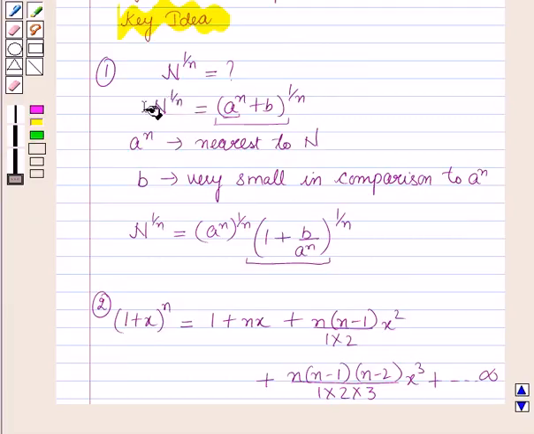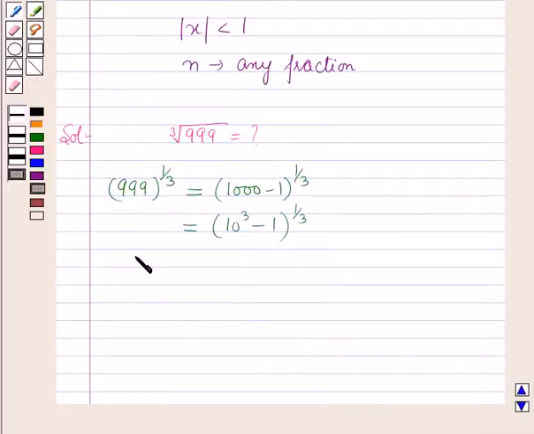Now we have written the cube root of 999 as (a^n + b)^(1/n), where capital N is 999, a^n is 10^3 and b is minus 1.